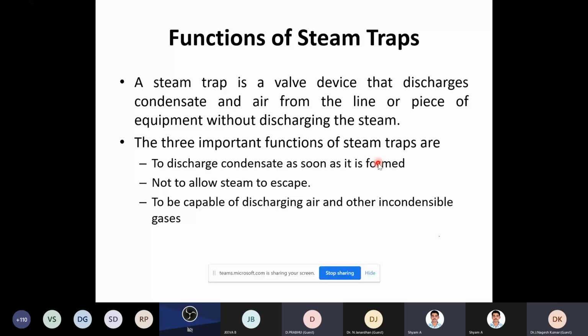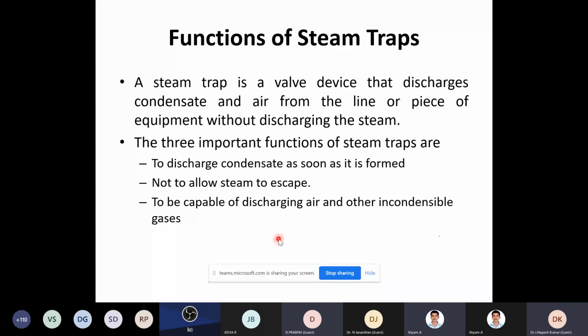Because continuously steam should come inside so that heating will take place. So as soon as condensate is formed, that means the heat has been given up by the steam to the product. So this condensate has to be removed. It should not allow steam to escape. So when you open through the trap, only the condensate should go. Steam should not go. It should also be capable of discharging air and other incondensable gases.